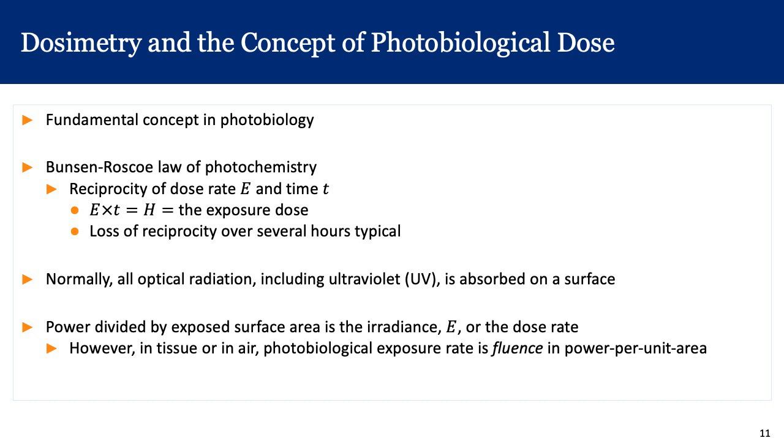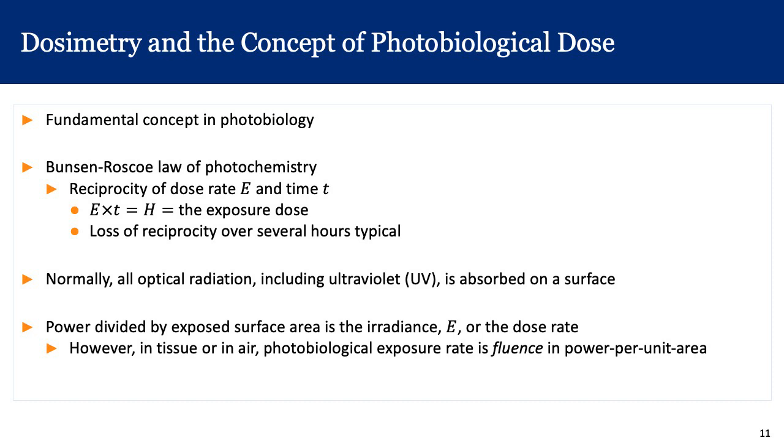So that's what we mean by reciprocity. You can have a high irradiance for a short duration, or we can have a low irradiance for a long duration, and the biological effect should be the same within certain regions, from maybe microseconds out to a couple of hours. After a few hours, there's some biological repair and so forth, and this starts to break down when we're talking about potential safety hazards.